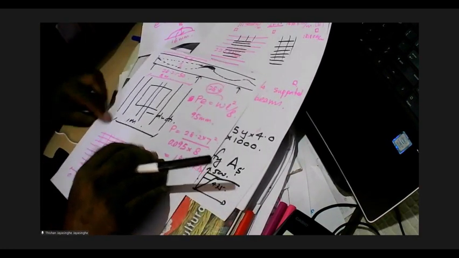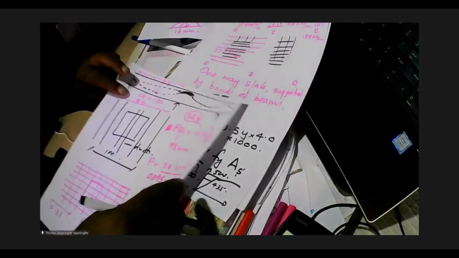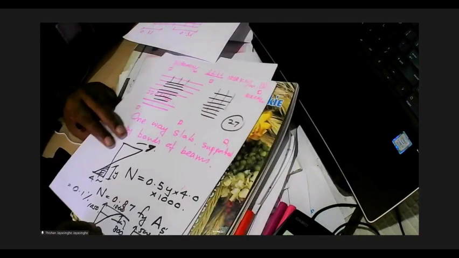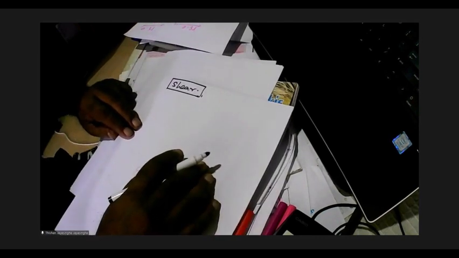It can fail only due to shear failure. Why? Because when you consider flexural failure, it has a lot of capacity.